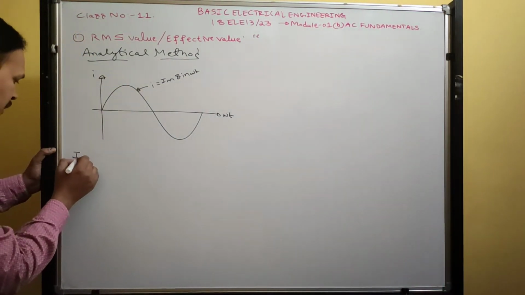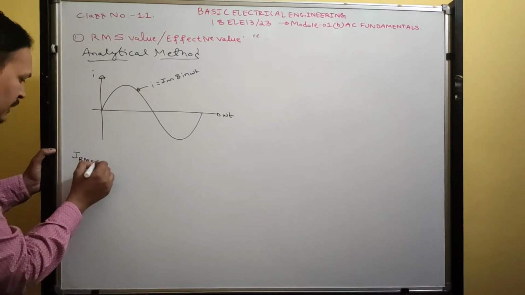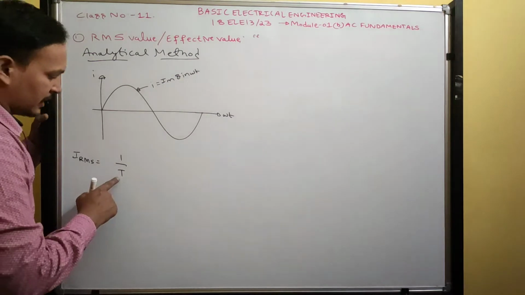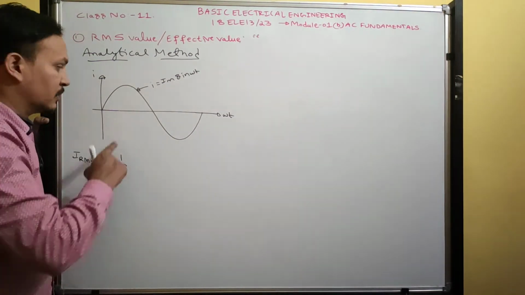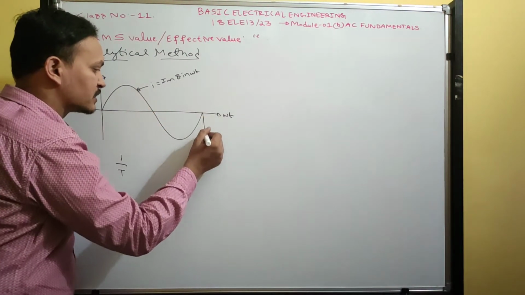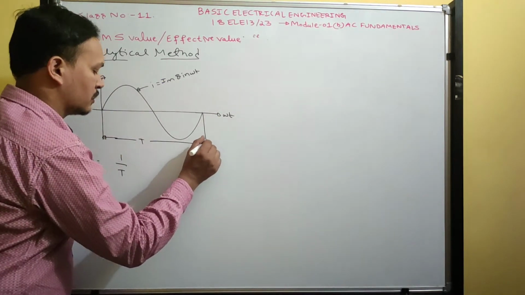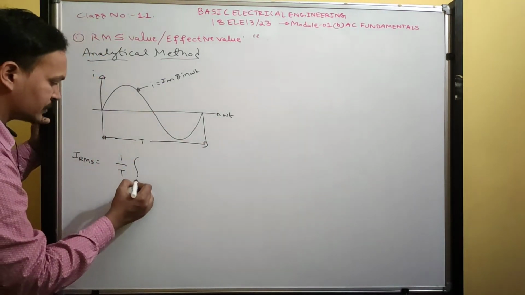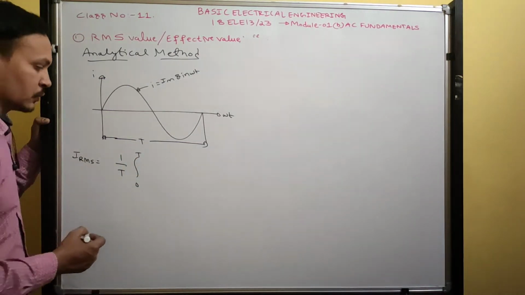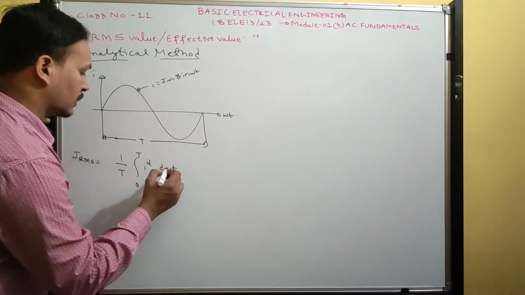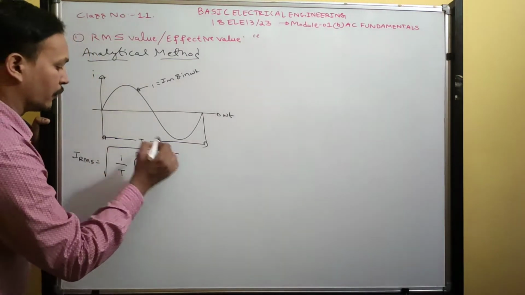So IRMS can be written as 1 by T. What is this T? Time period, the time taken to complete one cycle. Integral 0 to T, i square d omega t, whole square root.